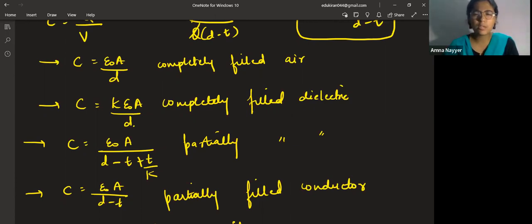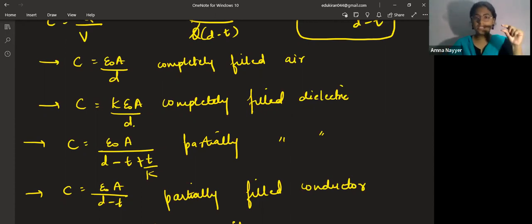If this is asked, this will be a little general. Modifications are usually not given from this part, partially filled. But from your normal epsilon naught A by d, the questions can be modified. They can be tricked. Then you have C is equal to epsilon naught A divided by d minus t.